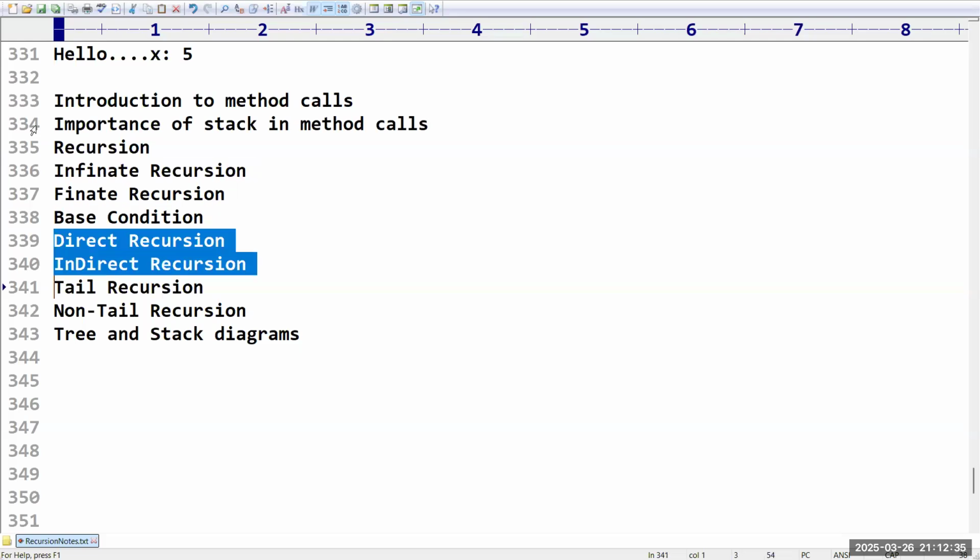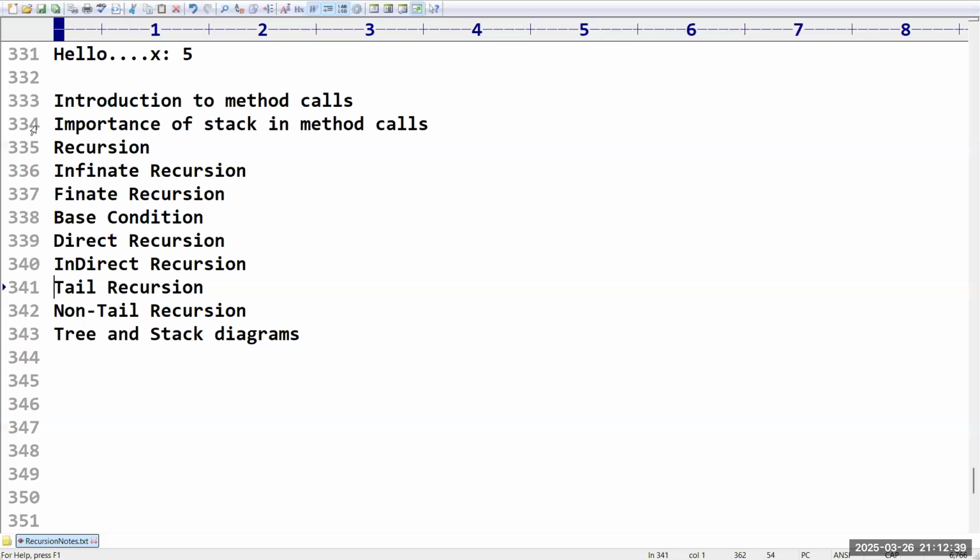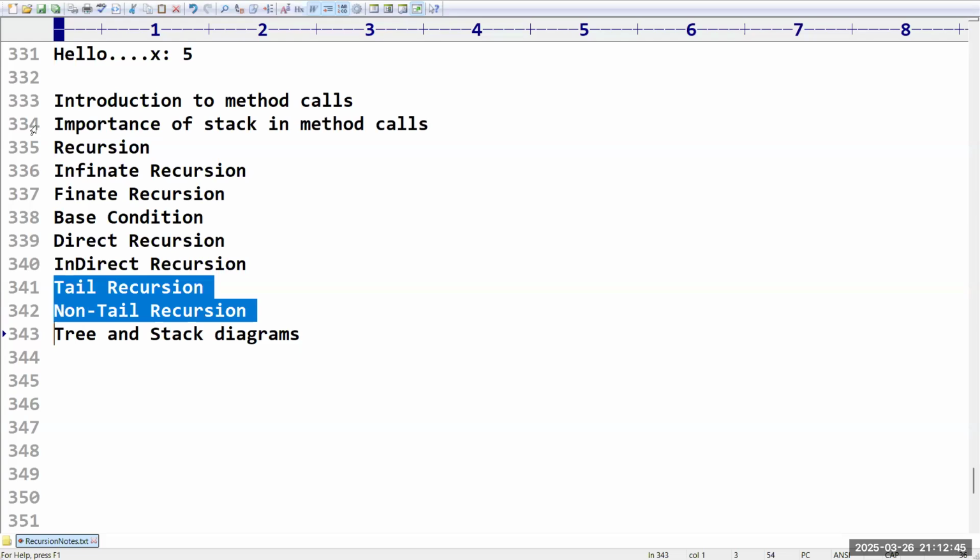Then we have seen direct recursion, indirect recursion, tail recursion and non-tail recursion, which are very important. What is tail recursion? After the recursive method call, if we are not taking any statement, then it is called tail recursion. After the recursive call, if we are taking any statements, then it is called non-tail recursion.